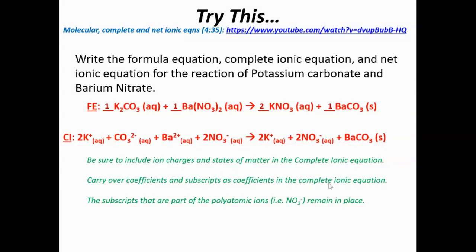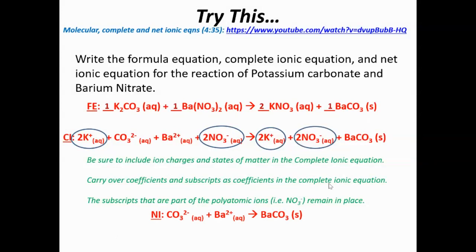What do I do next? For the net ionic equation, I'm going to cancel out any spectator ions. That means I'll cancel out the potassium ions and I'll cancel out the nitrate ions. What am I left with? I'm left with carbonate ion reacting with barium ion to form the insoluble barium carbonate salt. And there you have it, the net ionic equation.